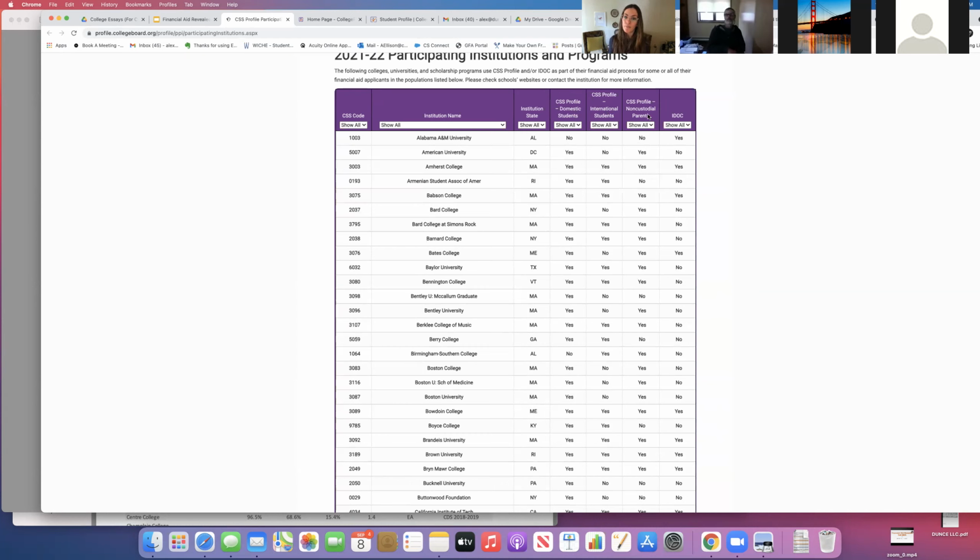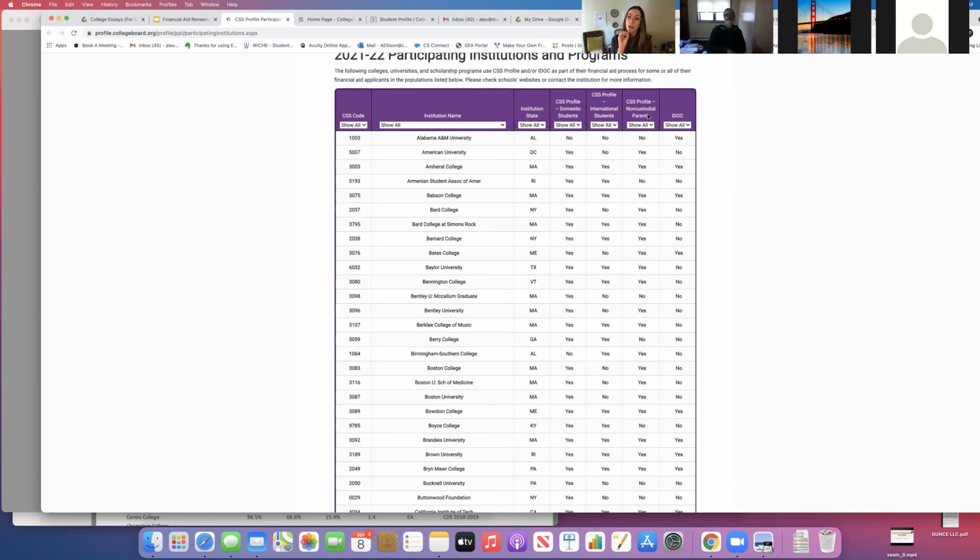And then they'll also tell you if a non-custodial parent form is required. And this is important, and this kind of makes some people want to pull out their hair. Let's say parents are separated, and maybe parent A is the primary caregiver, parent B is not involved, maybe at all. Some schools will still require that parent to fill out a financial aid application through the CSS Profile. It's not an issue at all with the FAFSA.